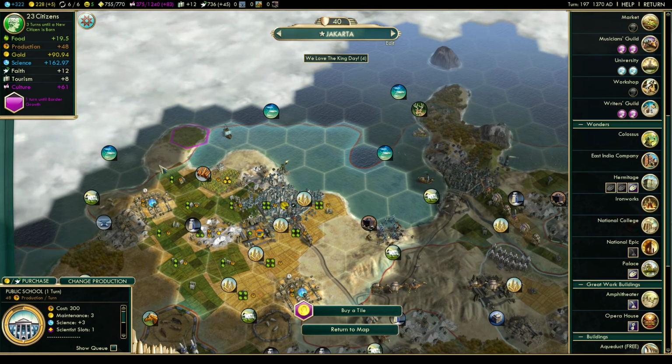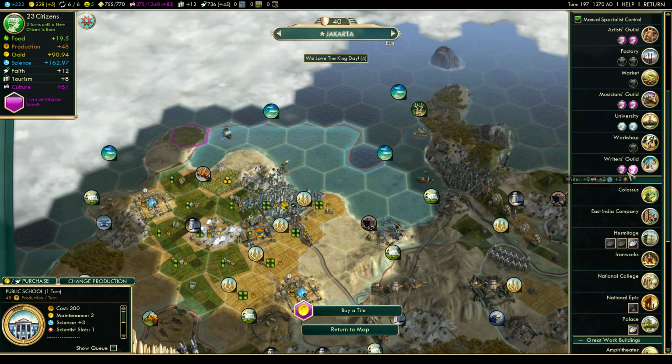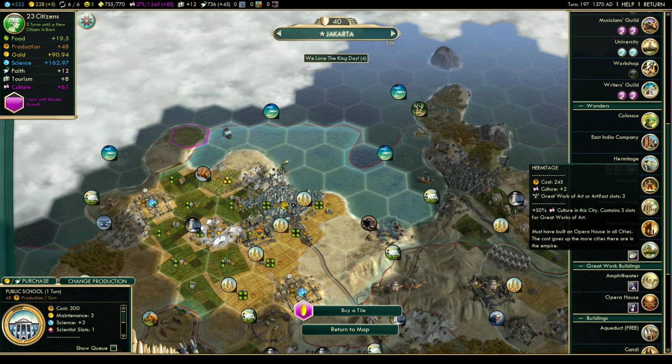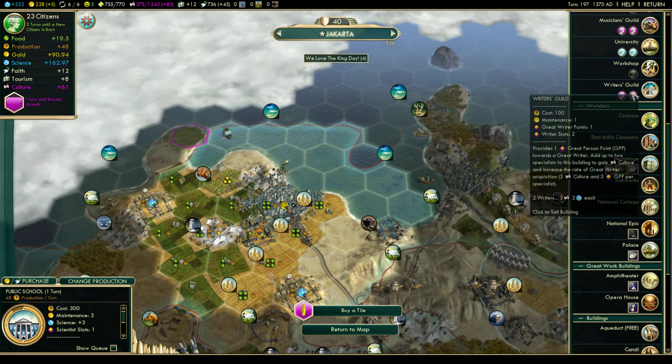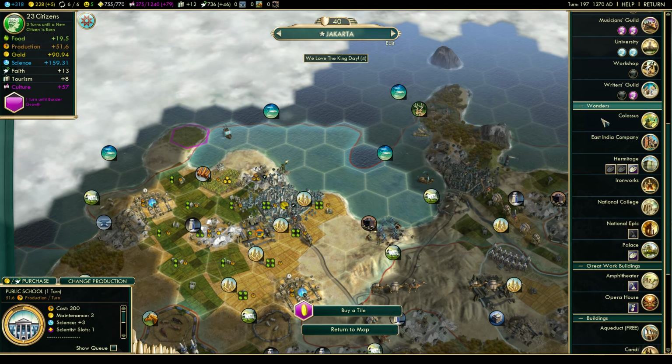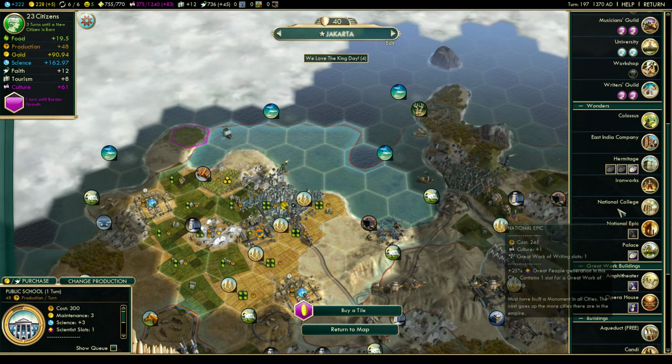And of course, since this is all in one city concentrated and it's your capital, the Hermitage, which grants you plus 50% culture in this city, also counts on the guild culture. As you can see, if I turn one off, I lose 4 and not just 3.